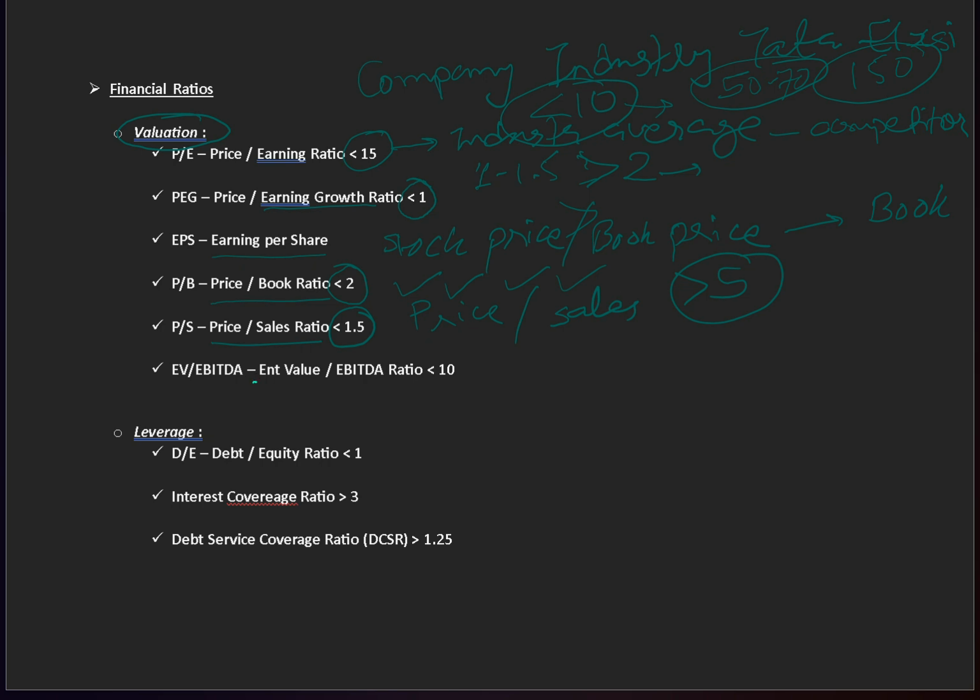Next is enterprise value divided by EBITDA. This ratio should be less than 10, and if the ratio is more than 15 or 20, that means the value of the company is way higher than the operational income it generates in terms of EBITDA. So it should be less than 10.